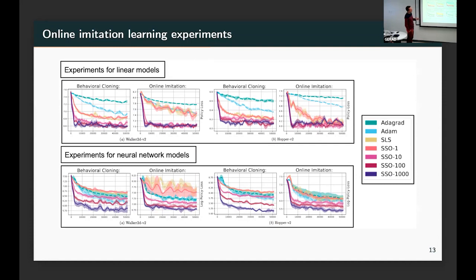And the term here is how many gradient steps of the inner loop we do before recollecting a gradient. SSO1, because we only do one gradient step, is going to be gradient descent. On the x-axis, you have the number of interactions with the environment. Obviously, if you do more steps in the inner loop, you need far fewer interactions with the environment to reach the same level of performance.